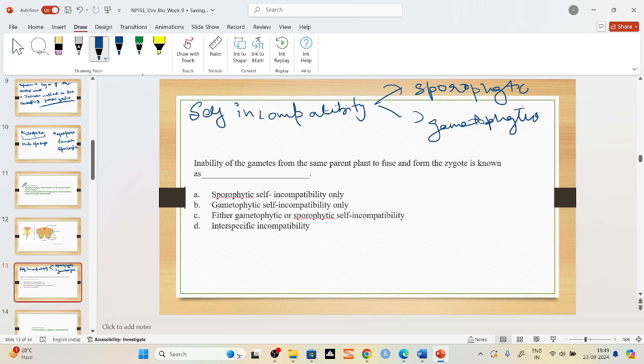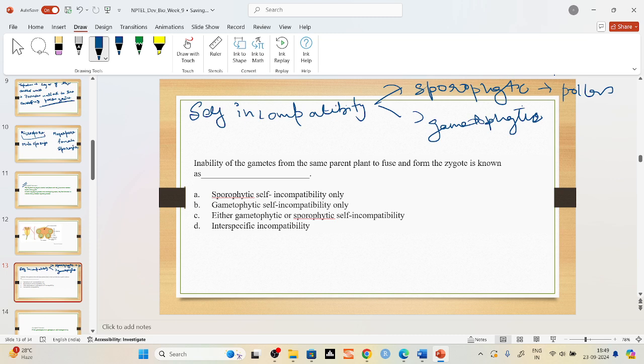This sporophytic self incompatibility is determined by the plant that produces pollen.